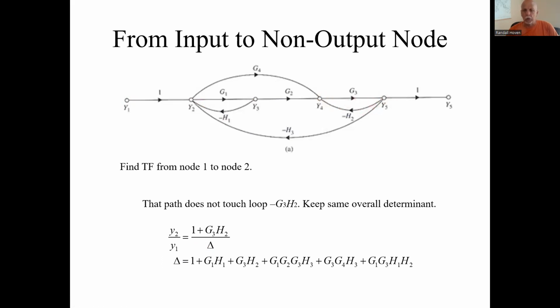So what goes up in the top, that minor determinant, is 1 minus this guy's loop gain, which is a minus H2 G3. So the minuses cancel, I have plus G3 H2. So that's the transfer function just from Y1 to Y2.